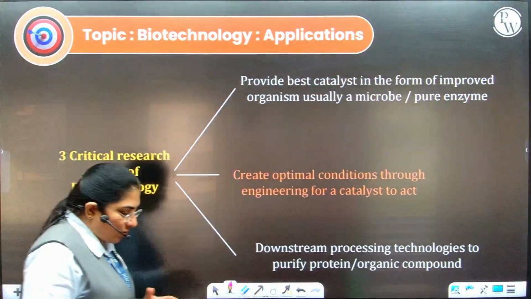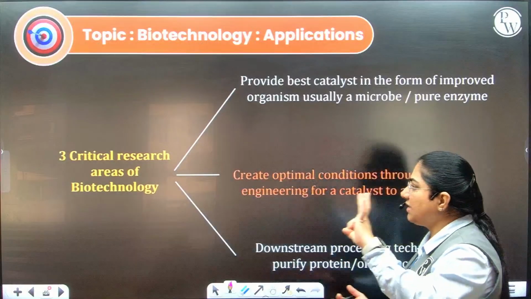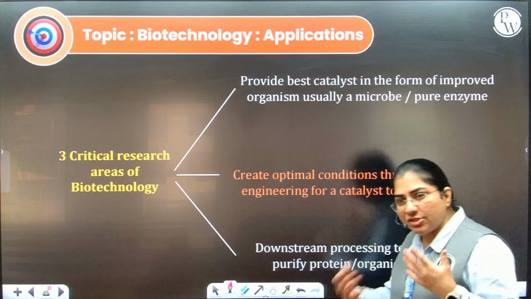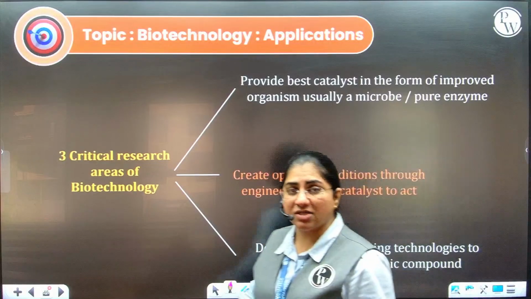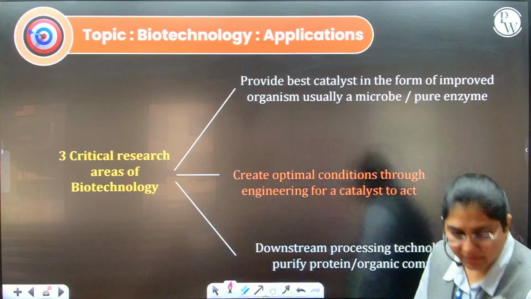Now, when we are talking about these applications of biotechnology, there are basically three critical research areas. Though there is a lot of research happening, these are the three main areas so that things can get better and better. What are they? Let us see.